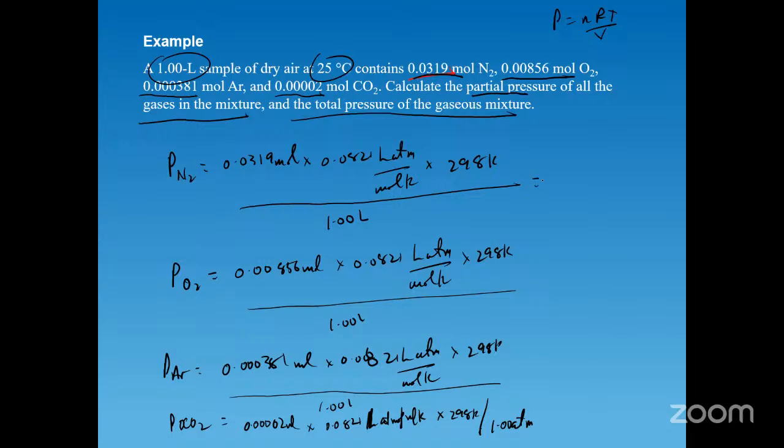So for the first one, 0.0319 times 0.0821 times 298. And according to my calculation, this works out to be 0.780 atmospheres. In the case of oxygen, it is 0.00856 times 0.0821 times 298 divided by 1.